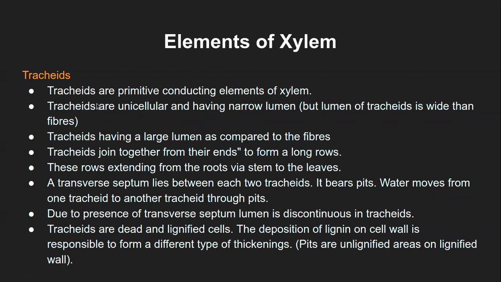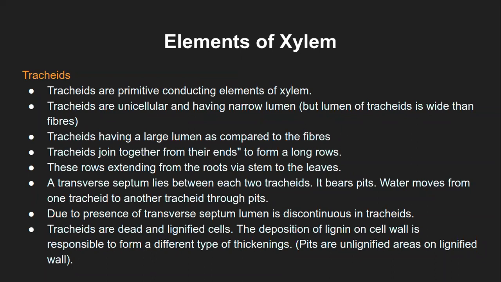So these tracheids, these are the primitive conducting elements of the xylem. That is, these are the main components which conduct whatever function the xylem does. Now, we had seen that the whole region of, let's say, a stem or a leaf has different types of tissue.